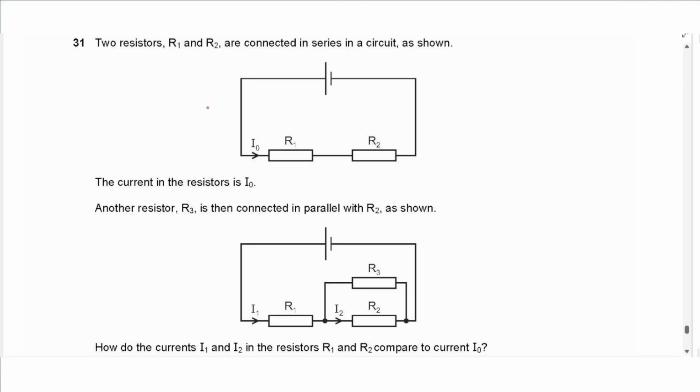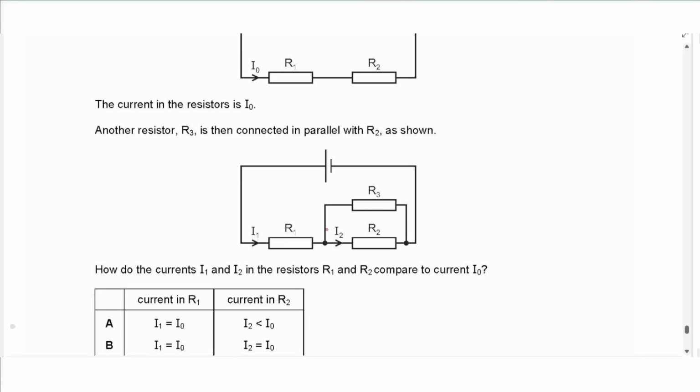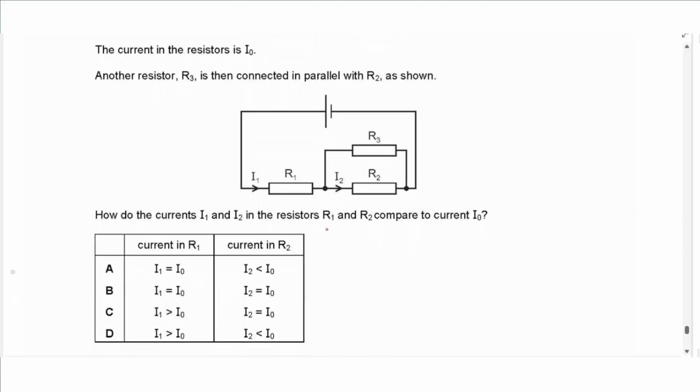Question 31 says two resistors R1 and R2 are connected in series in a circuit as shown. The current in the resistors is I0. Another resistor R3 is then connected in parallel with R2 as shown. How do the currents I1 and I2 in the resistors R1 and R2 compare to I0? So if we add another resistor in parallel, the total resistance actually decreases.